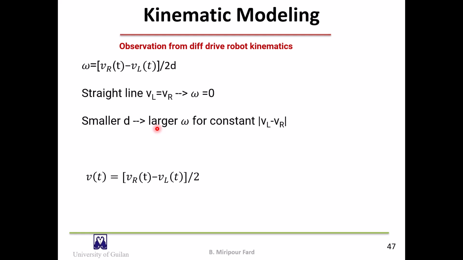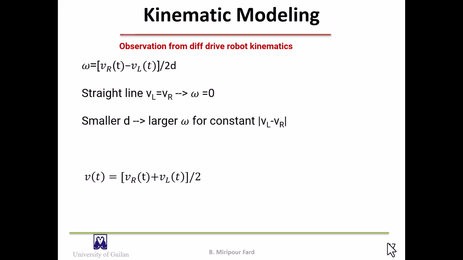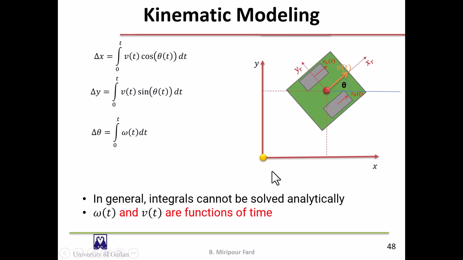For a diff drive robot, the velocity of the reference point located at the center of the axle is also obtained with this relation. I should also correct this one. The kinematic equations of the robot can be finally written as seen in these equations.